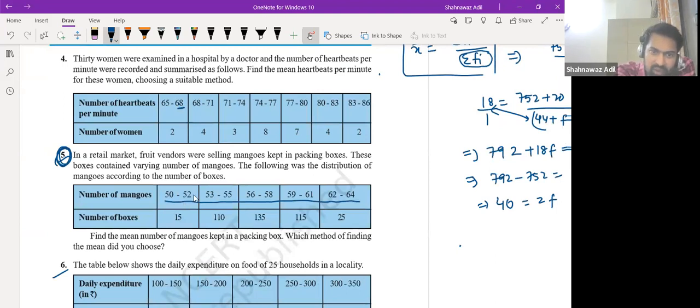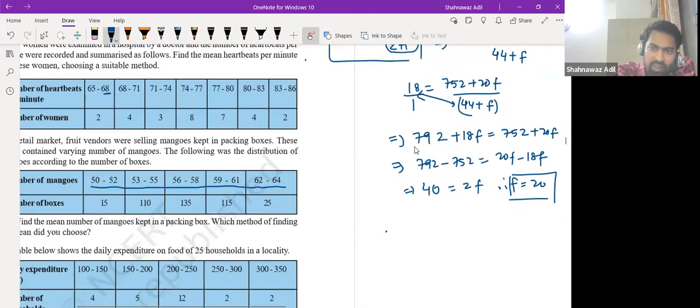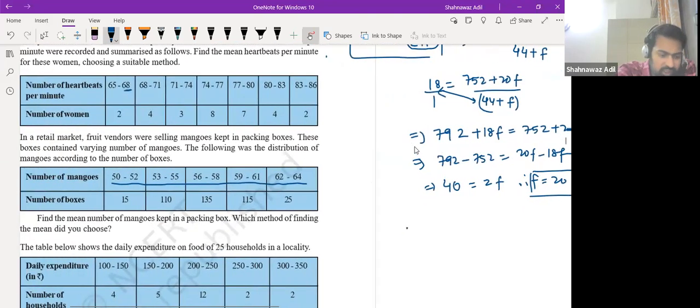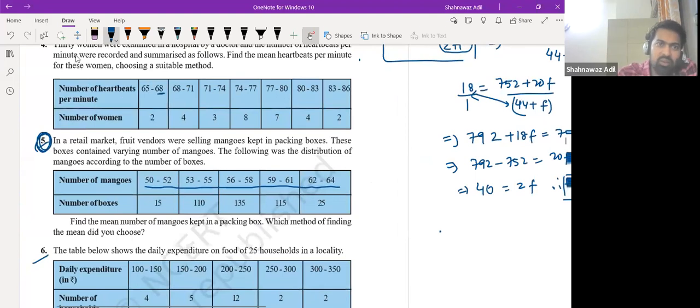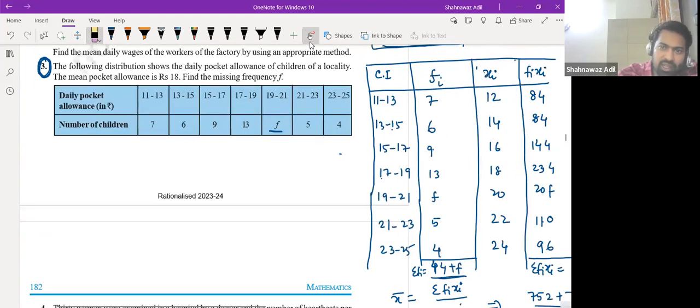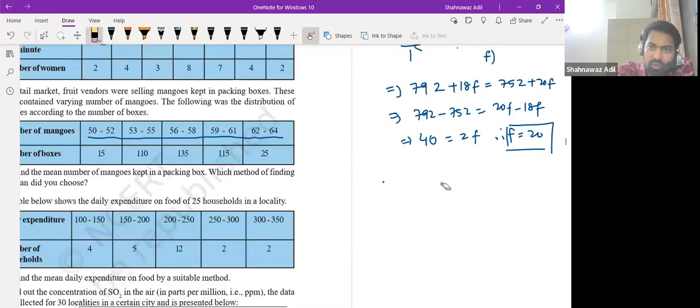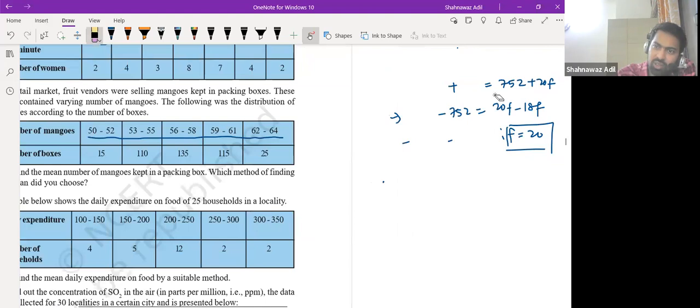So we define all these central tendencies from continuous grouped data. Whenever we have discontinuous data, we have to change it into continuous. So how do we do that? As you have already told, we subtract 0.5 from the lower limit and add 0.5 to the upper limit. That is how we change discontinuous data to continuous.